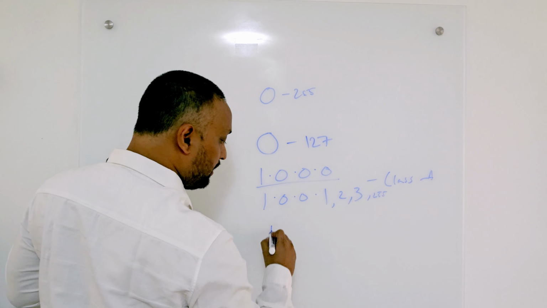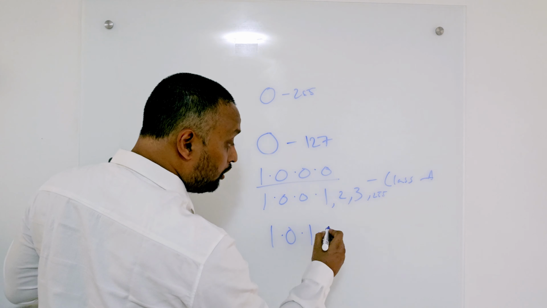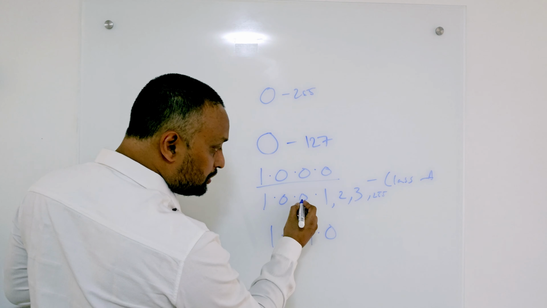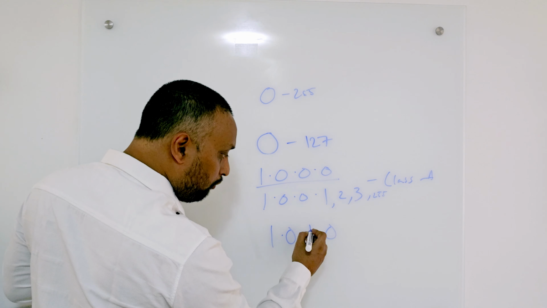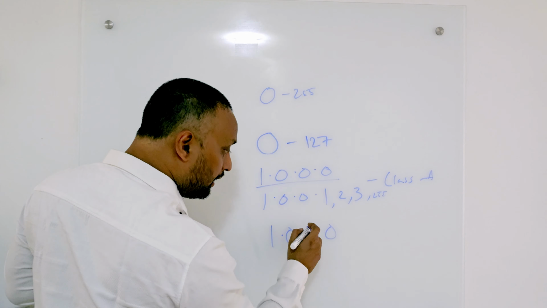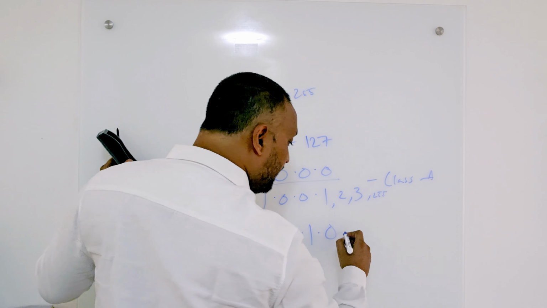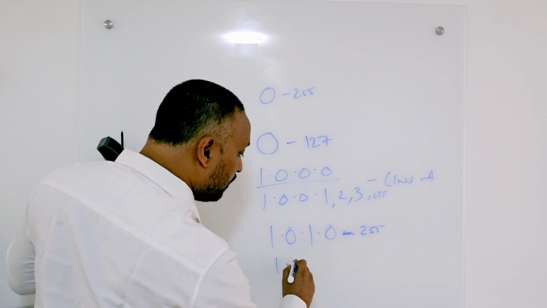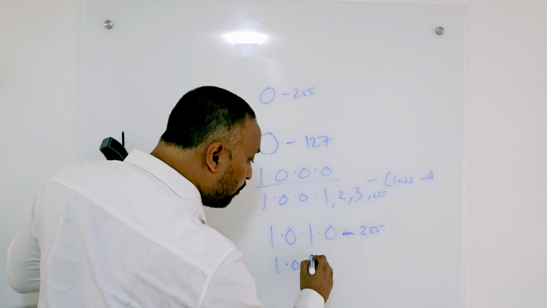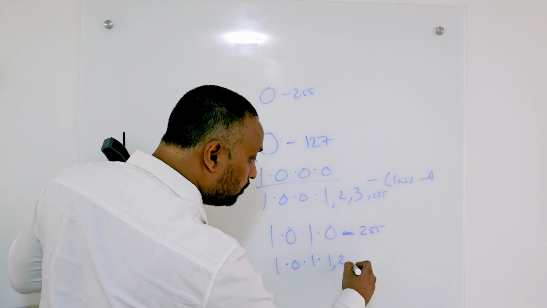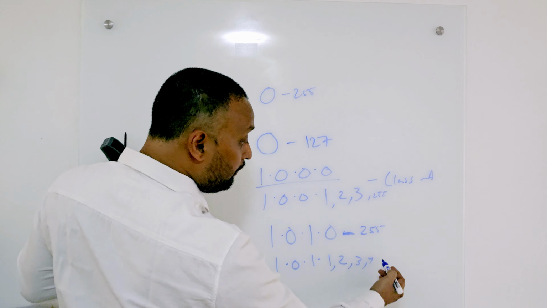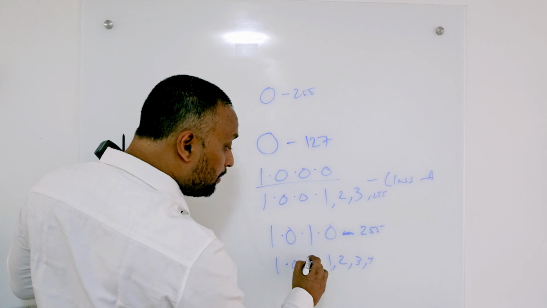So the next IP address will be 1.0.1.0. Since I have already finished 255, this 0 will become 1, and again it will continue up to 255. That means 1.0.1.1, 2, 3, 4 till 255. And once I finish 255 here, then this will become 2.